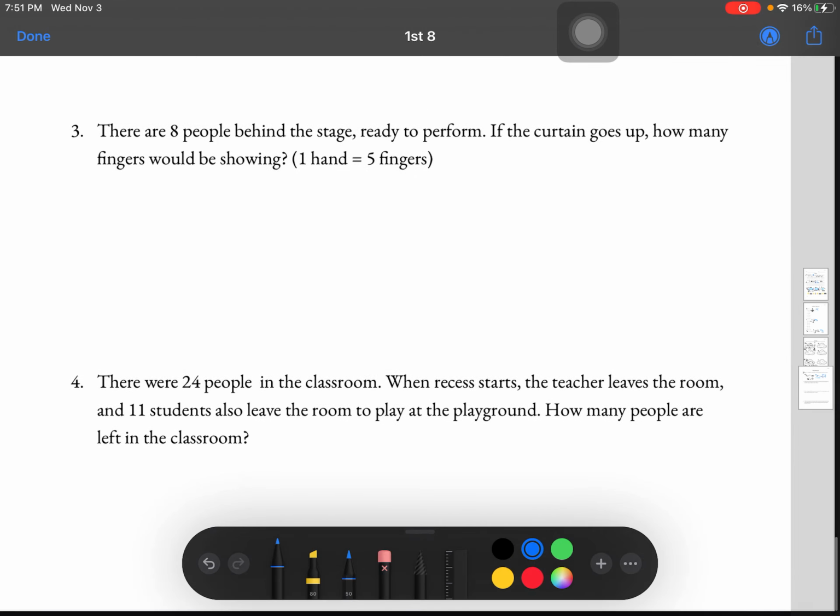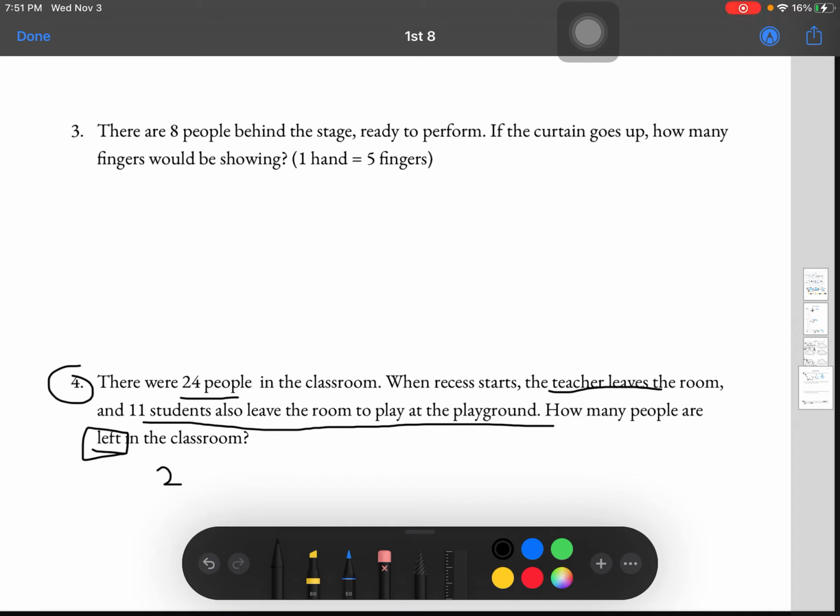Next, we will move on to number 4. There were 24 people in the playground. When recess started, the teacher leaves the room and 11 students also leave the room to play at the playground. How many people are left in the classroom? Because it's a left in the classroom question, it is subtraction.